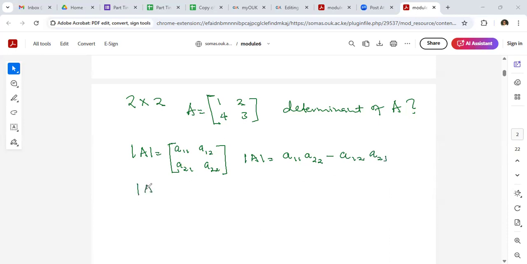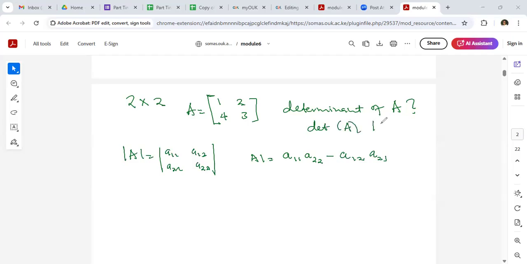But if A is a 1 by 1 matrix, you don't use that. Normally the determinant is denoted by det of A or just A between bars. And if it was a 1 by 1 matrix, the matrix is just A11, then the determinant of A would be equal to A11.